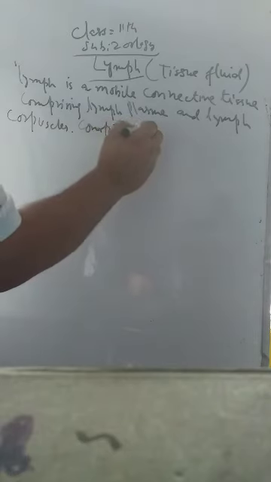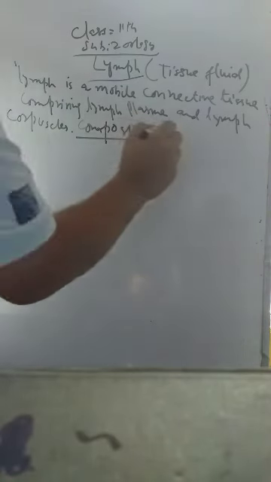If we see the lymph plasma, what is the composition of lymph? Firstly, it is made of lymph plasma.